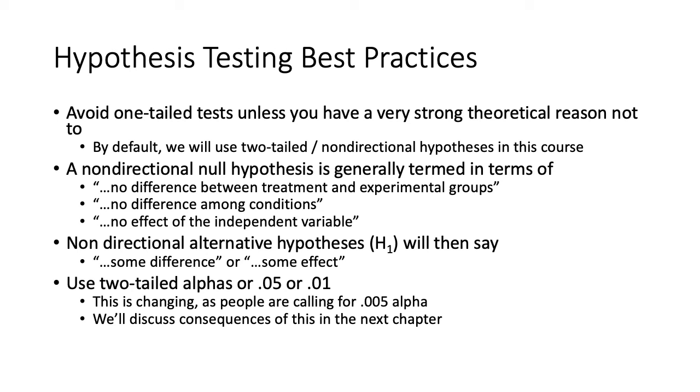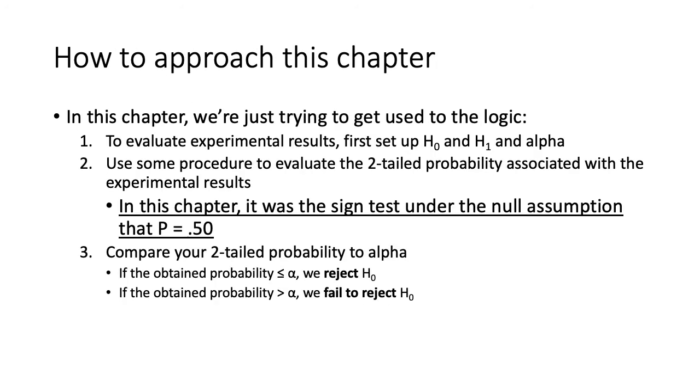Okay? All right. So in this chapter, we're trying to get used to the following logic. To evaluate any type of experimental results using this procedure, you must set up the null and alternative hypotheses and select alpha. You then use some procedure to evaluate the two-tailed probability associated with your experimental result.